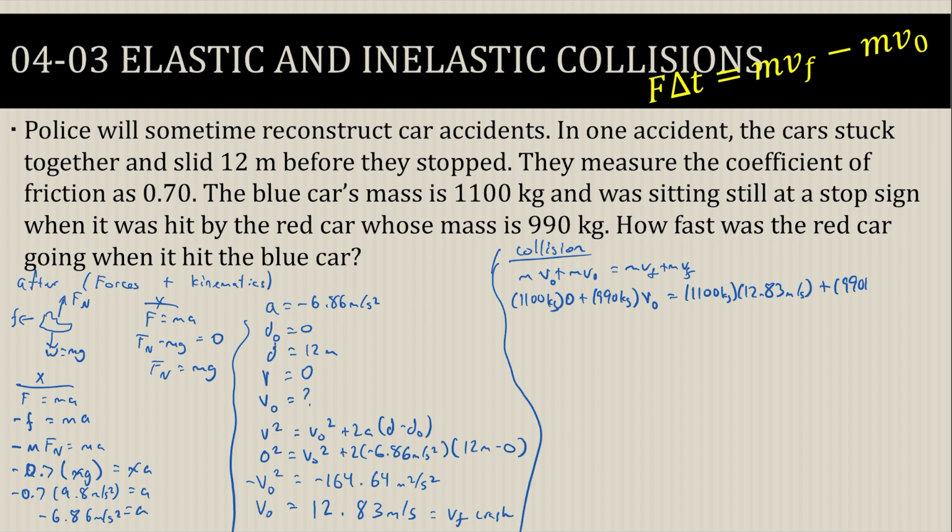Both of them together, so they have the same velocity after the collision. Multiply all that together, and then divide, and v0 is 27.1 meters per second, which is how fast the red car was going.